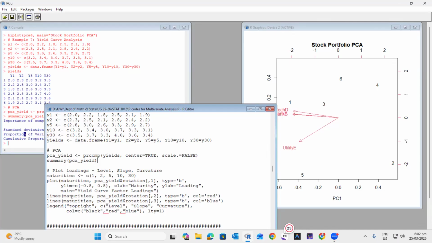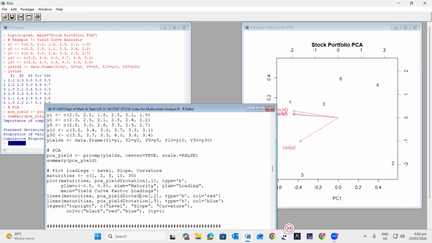After that we are going to add the lines to our plot. The first one is lines of maturity against PCA yield rotation column 1.